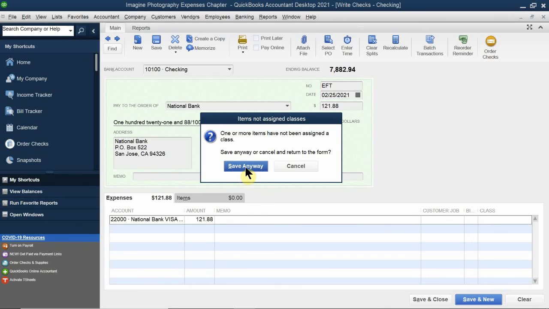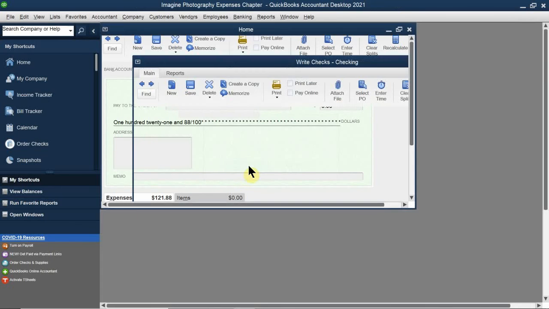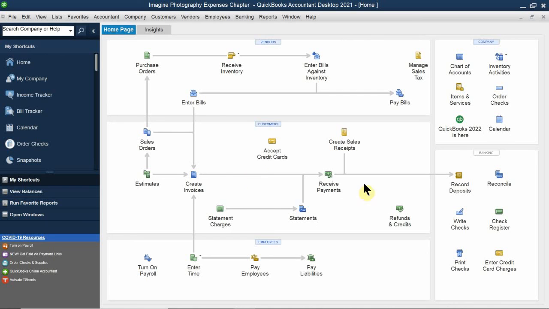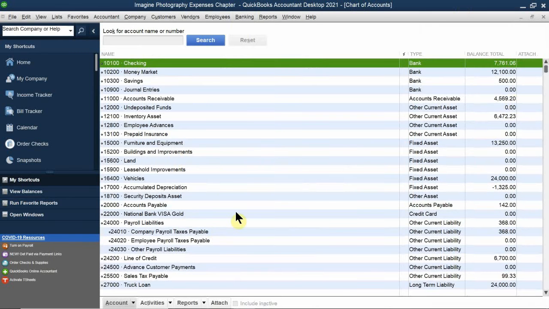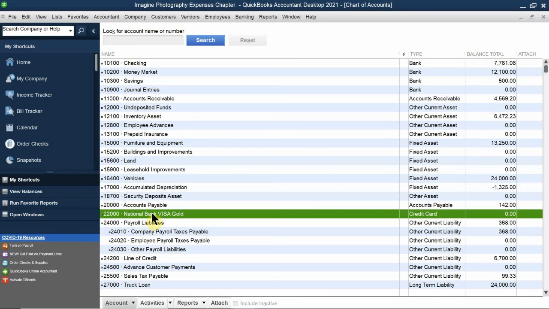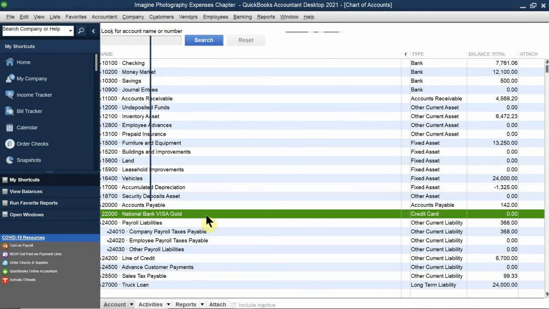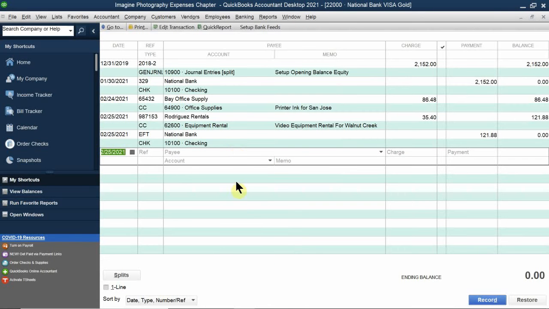And we can go ahead and save anyway because a credit card payment doesn't affect my San Jose or my Walnut Creek location. It does it for both. And you don't necessarily need to assign it. So if I make a payment that way and go to my National Bank Visa credit card, now it tells me my account balance is 0 because I paid using a check.